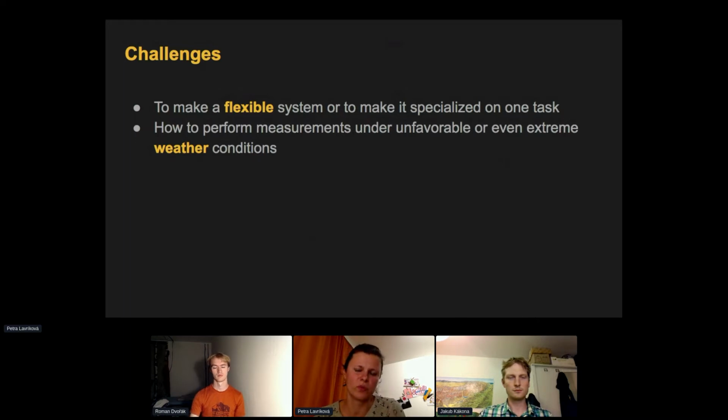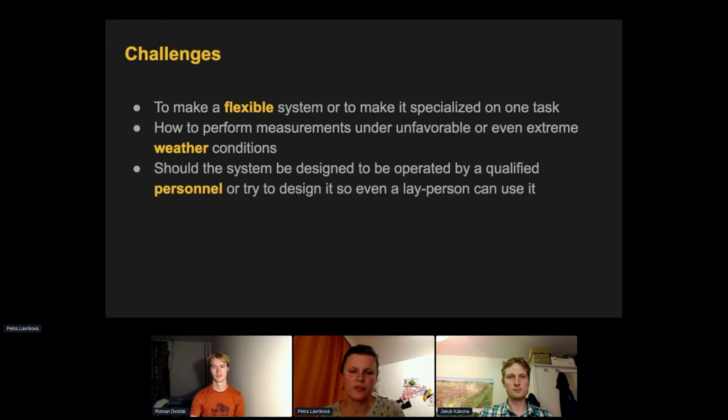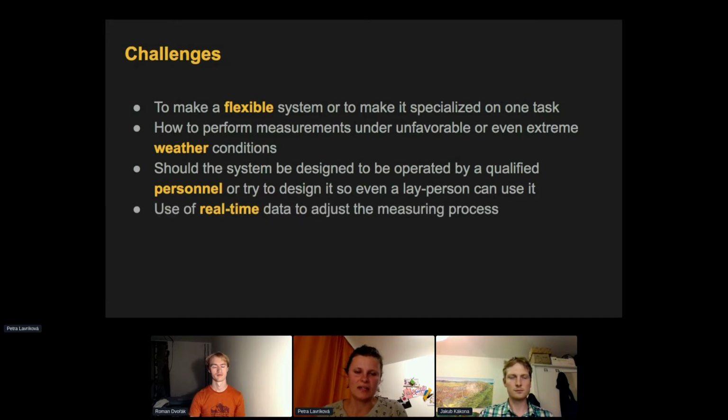Measurements in thunderstorms would be very useful, but not a lot of systems are able to perform them nowadays. Then should the system be designed to be operated by qualified personnel, or should we try to design it so even a lay person can use it? And again, we see this problem of using real-time data to adjust the measuring process.